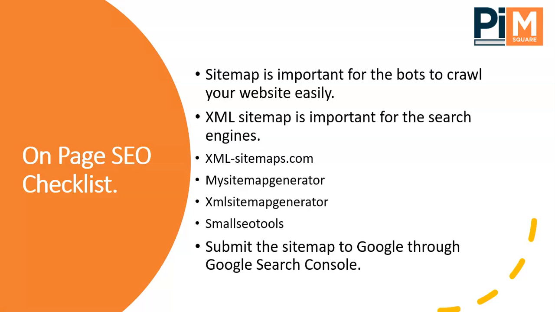We'll discuss how to submit a sitemap through Google Search Console in a Google Search Console video, and how it is going to help you. So the sitemap is very important for on-page SEO, and an XML sitemap is required for search engines instead of an HTML sitemap. So these are some of the other checklist items of on-page SEO.